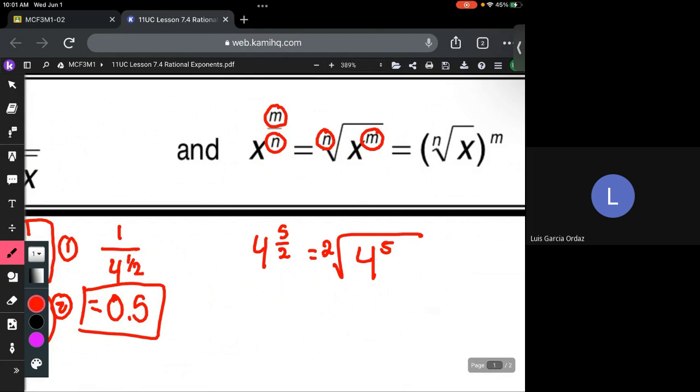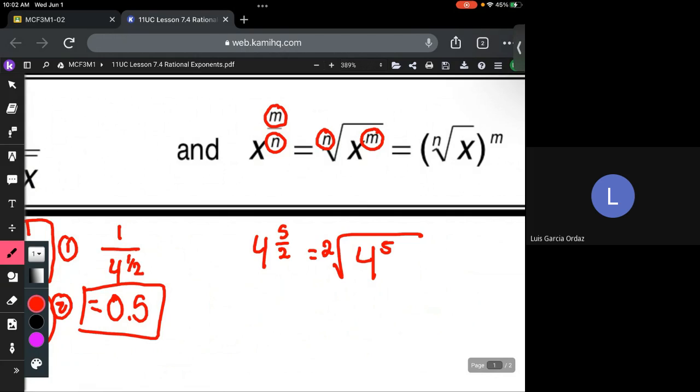What's 5 divided by 2? 2.5. So try 4 to the power of 2.5. Oh wait, what's the answer? 32. How did you get that? Is it me or is it my calculator?